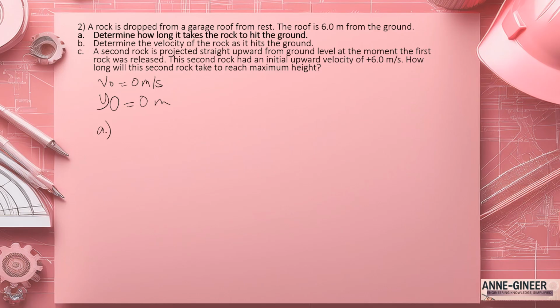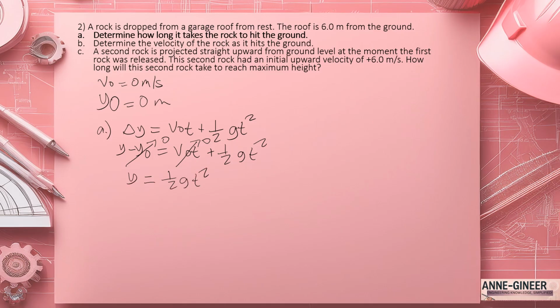We are looking for the time t. From the equation, we can use delta y is equal to v0 t plus 1/2 g t squared. Let me rewrite again: y minus y0 is equal to v0 t plus 1/2 g t squared. The initial velocity is 0 and the initial height is also 0, so y is equal to 1/2 g t squared.